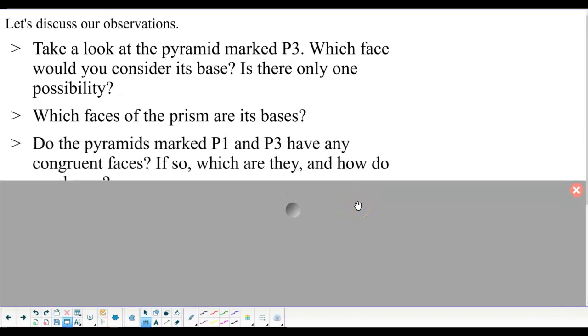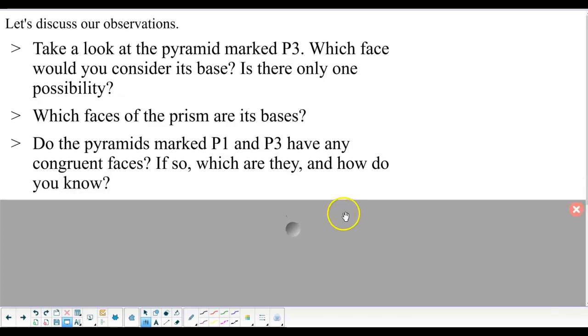Do the pyramids marked P1 and P3 have any congruent faces? If so, how do you know? We're going to answer the first 2 officially tomorrow, but I can answer this one pretty quickly. When you form the 3 solids to create the prism, any faces that are officially touching should be congruent.